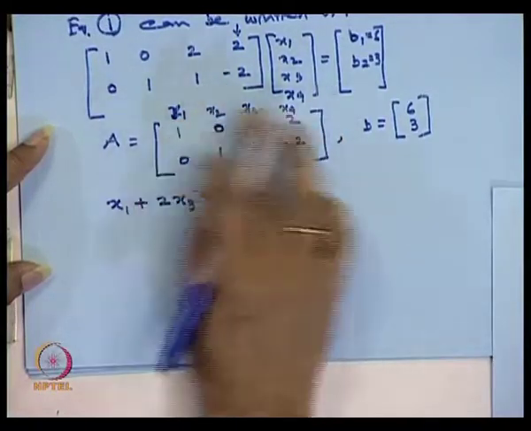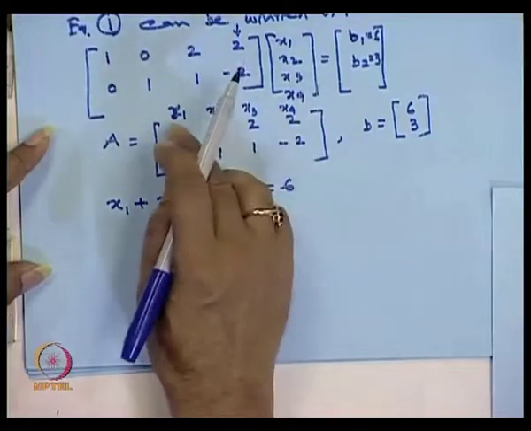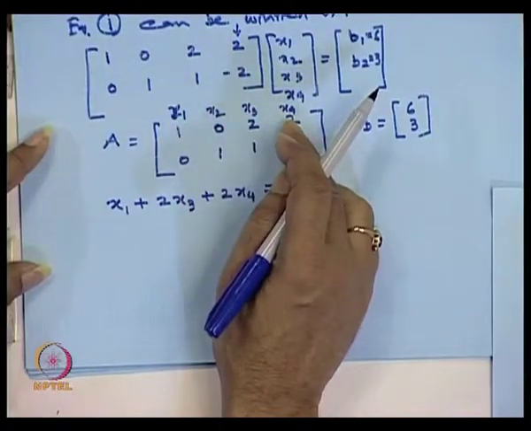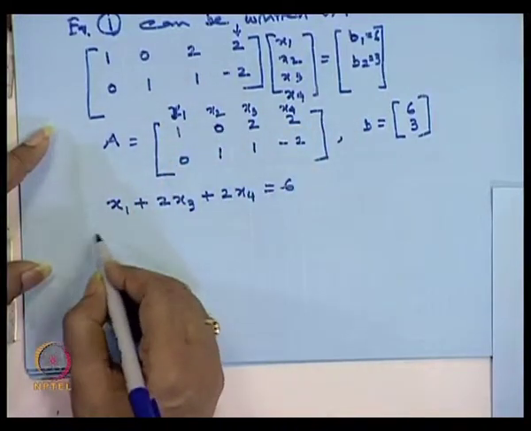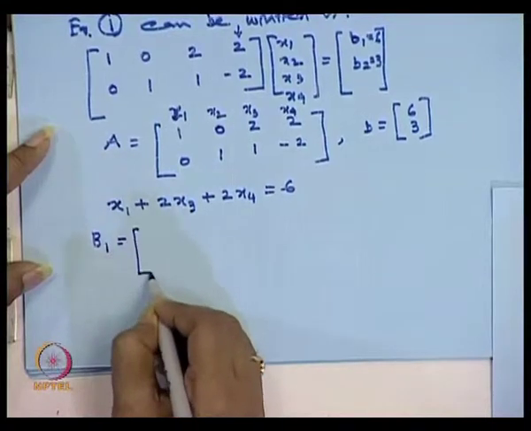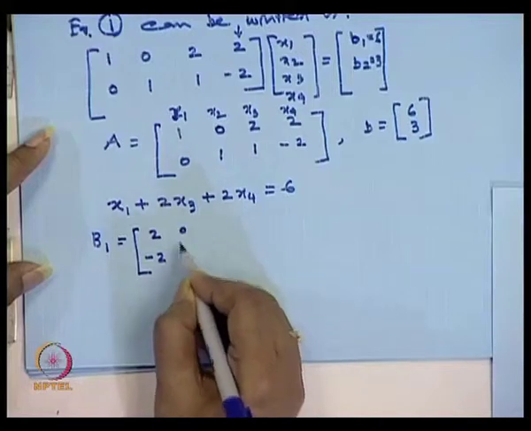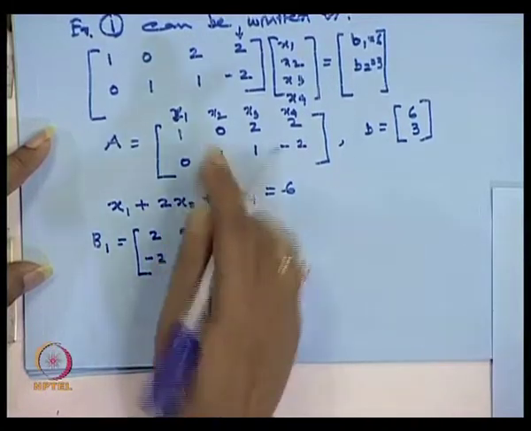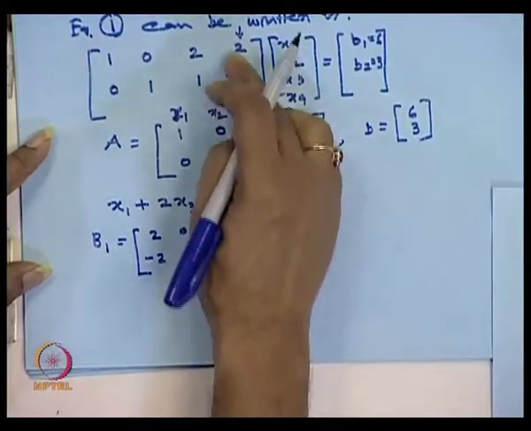So, there is an interchange: x4 is going in as a basic variable and x1 is going out as a non basic variable. The corresponding matrix B1 I am writing as 2 minus 2, 0 1, and corresponding to x2 it is 0 1, and corresponding to x4 it is 2 2.